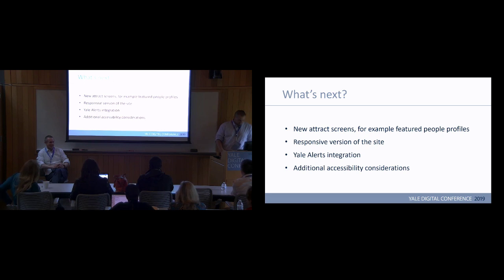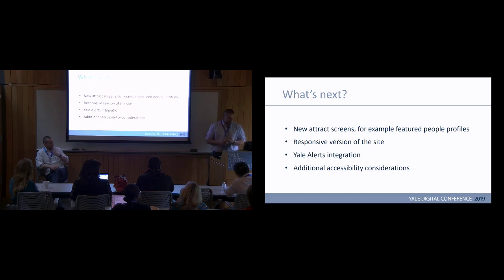And then some additional accessibility considerations. For example, we tested the colors and the contrast. You'll notice if you see an alert from the yellow Yale shuttle, it's not really yellow, because it turns out yellow font doesn't work so well. Obviously, if you have somebody who's visually impaired or blind, the screen is not really going to be very helpful to them.